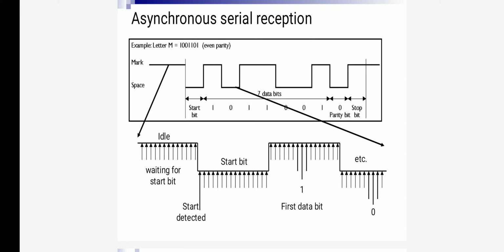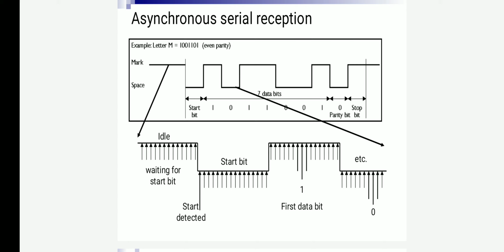Now asynchronous serial reception can be understood by this example of letter M, as we have discussed earlier on the transmission side. From the transmitter, the letter M, which is abbreviated as 1001101, was transmitted, and now it is received at the receiver part.